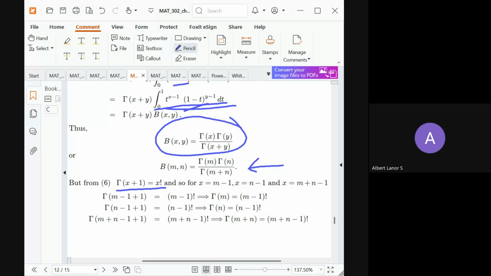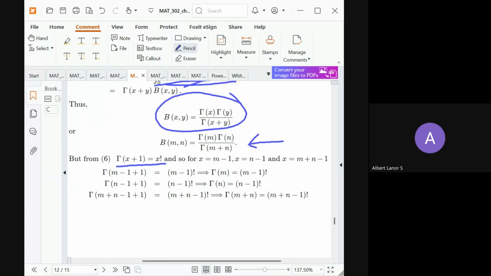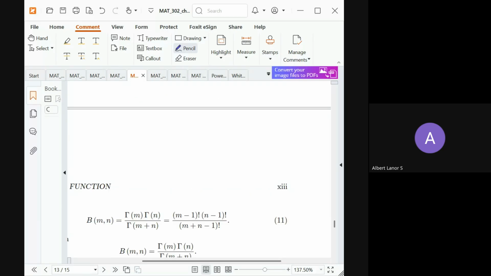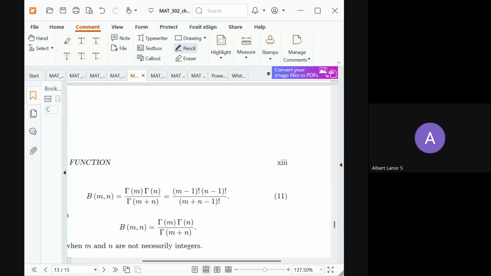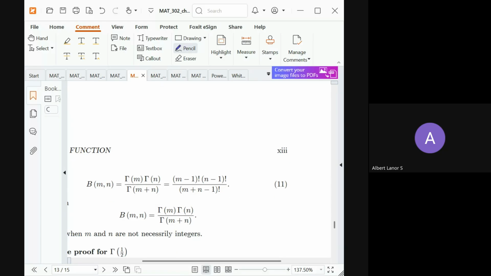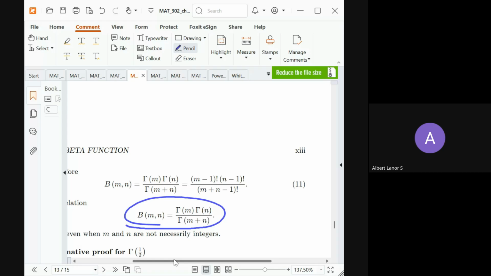Okay, so we can replace it back, and once you know the gamma function, you can equivalently also find the beta function of that. Right, so we'll have that the beta function is gamma of m, gamma of n divided by the gamma of the sum of the two of them.